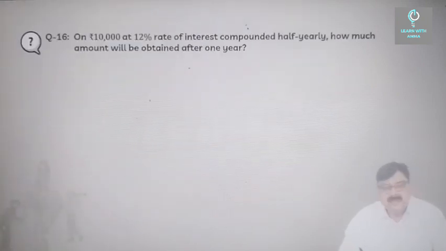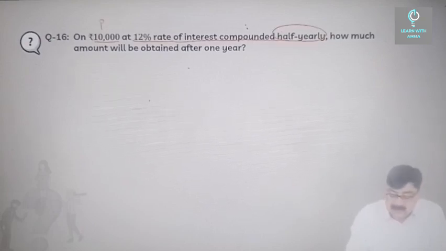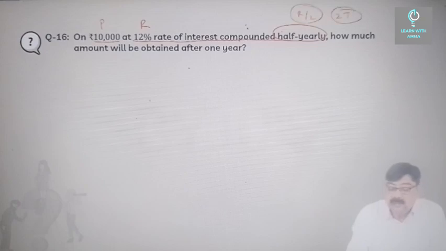Let's solve a question which is based on this. On rupees 10,000 at 12% rate of interest compounded half yearly. Now what is this 10,000? This is principal. So half yearly, we have to take R by 2 and 2T while using the formula. How much amount will be obtained after 1 year?